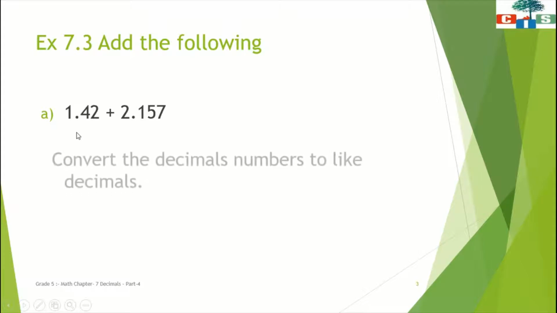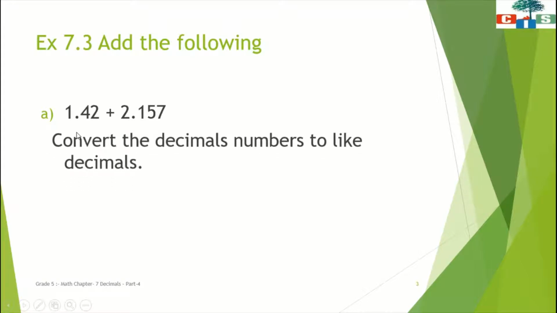For that we need to put 0 after 2. So here 1.420 plus 2.157. Here I have converted unlike decimals to like decimals. Here we have 3 decimal places, here also 3 decimal places. Now we can easily add it.